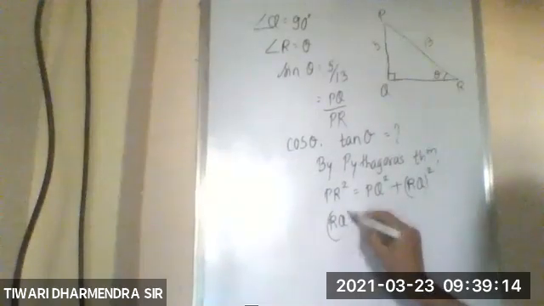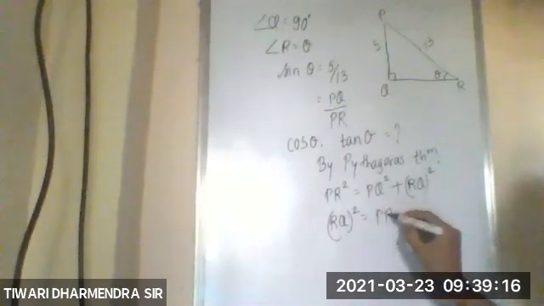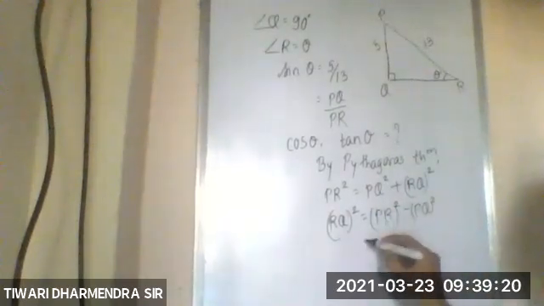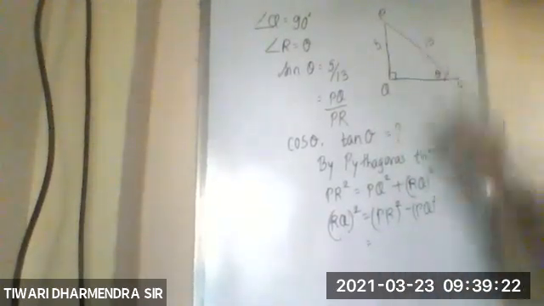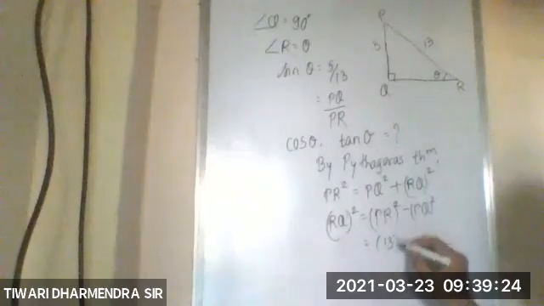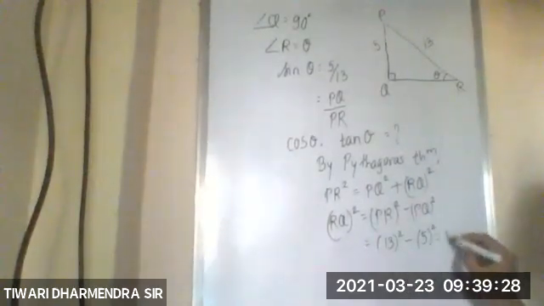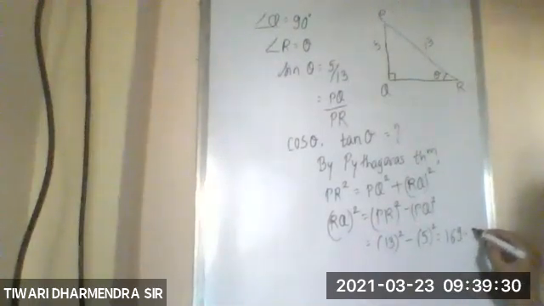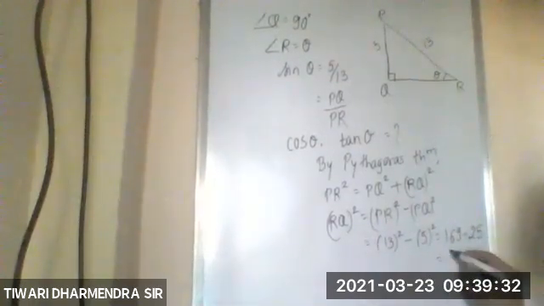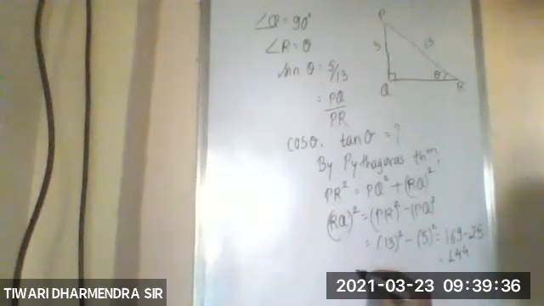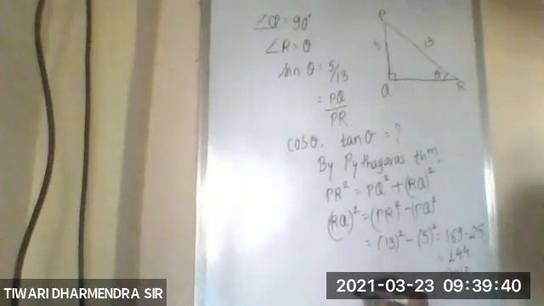So RQ square is equal to PR square minus PQ square. Value of PR is 13. 13 square minus PQ square, which is 5 square. 169 minus 25 is 144. So we got this as 12 square. Taking square root, you will get RQ as 12.